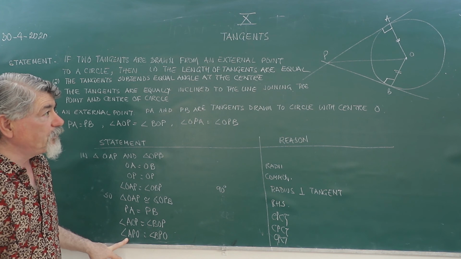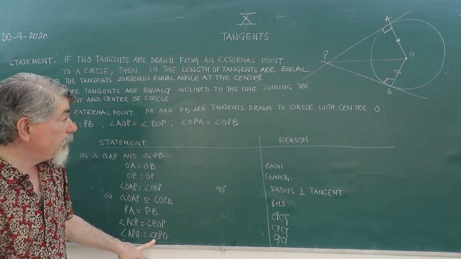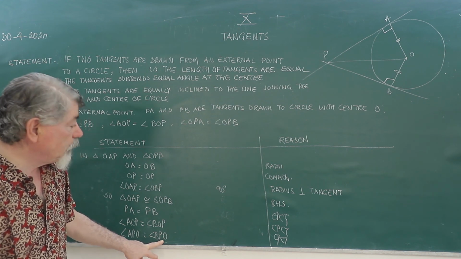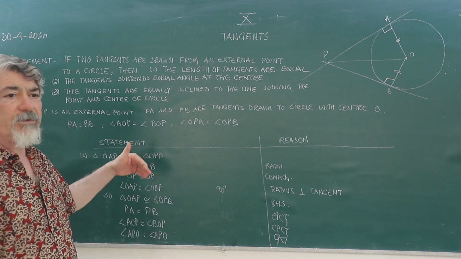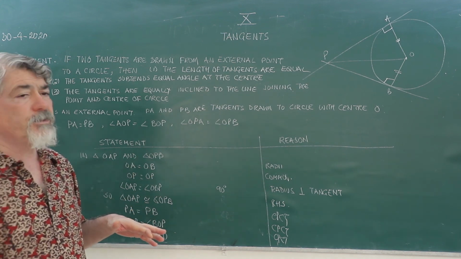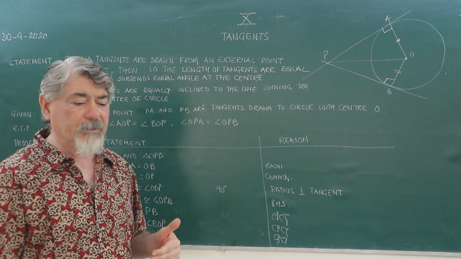And then APO will be equal to BPO, yes, CPCT. So we have proved all three points we required to prove. This is a very important theorem and we are going to use it time and again in different problems.